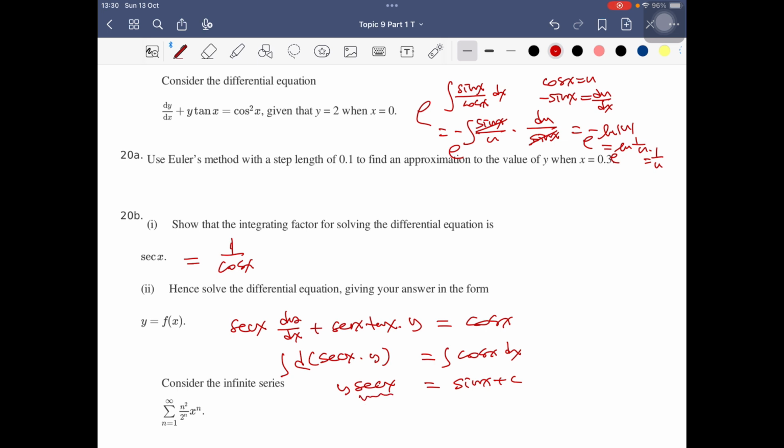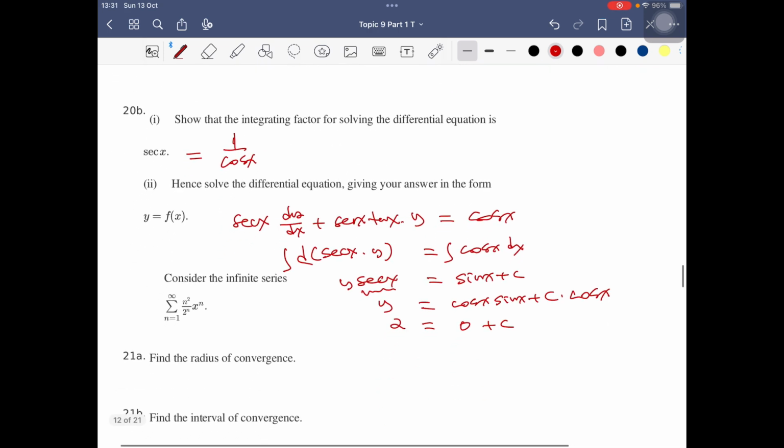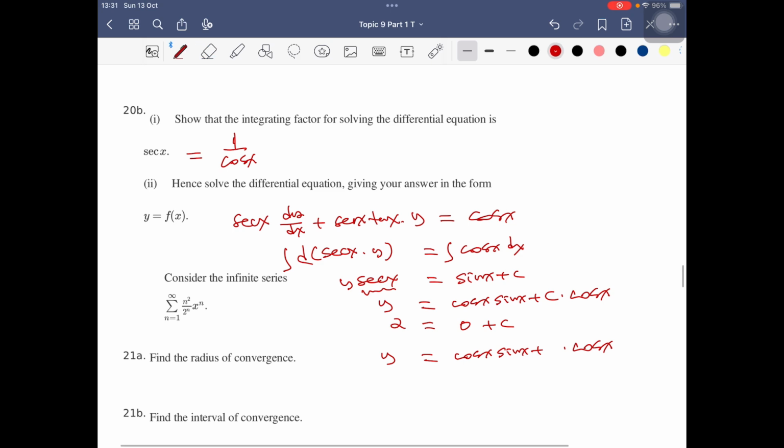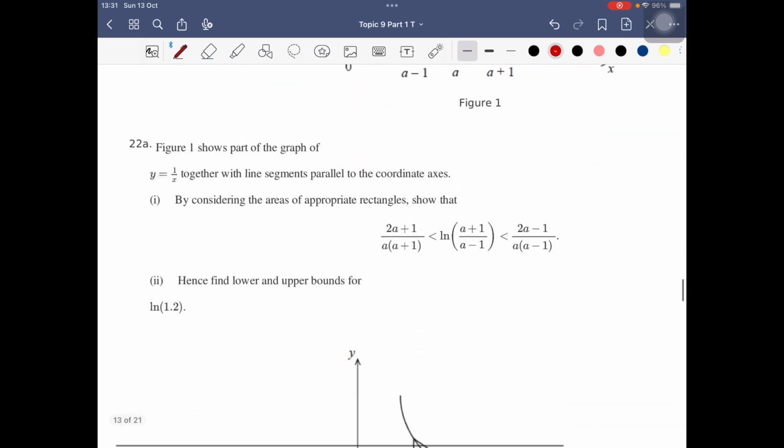This is 1 over cos x, so to cancel it out, I need to multiply by cos x. So y becomes cos x sine x plus c times cos x. When x equals 0, y is 2, so 2 equals 0 plus c. Therefore, c is 2. So the answer is y equals cos x sine x plus 2 cos x. So let's go further.